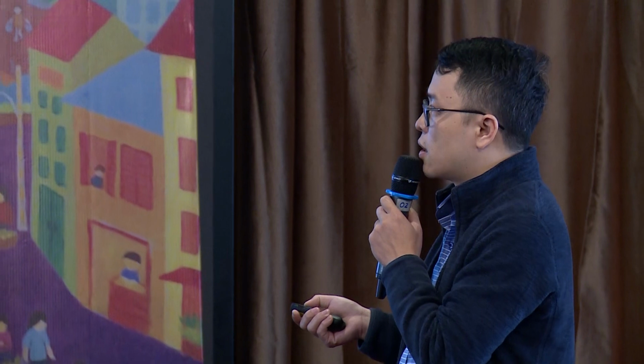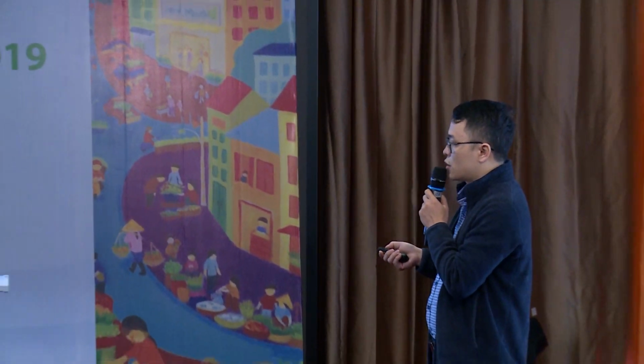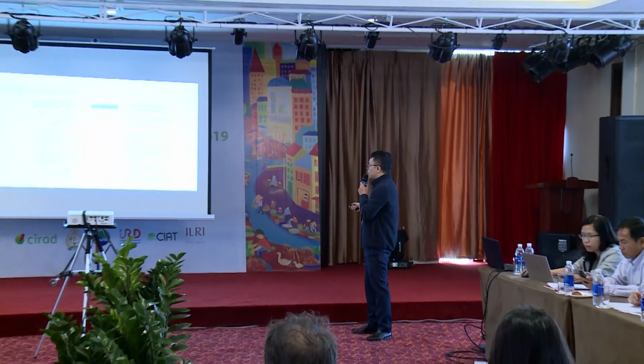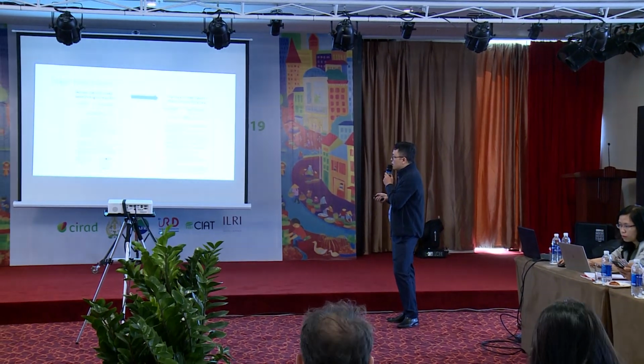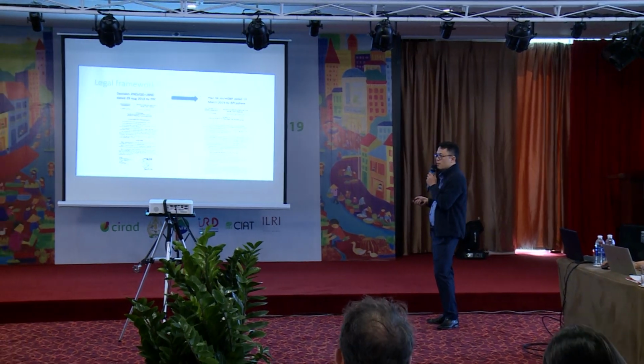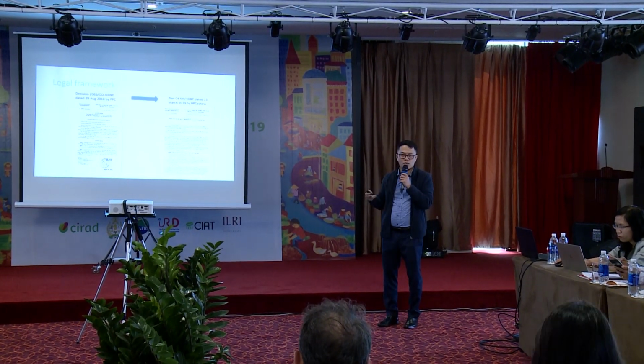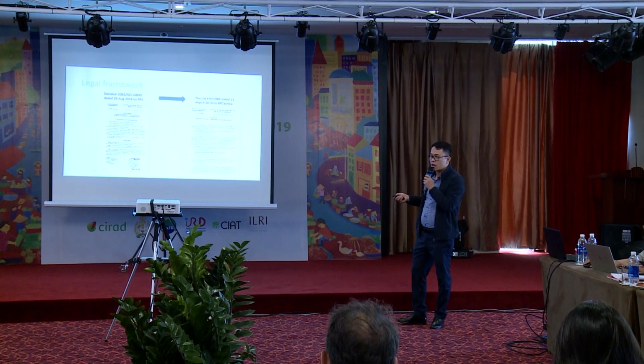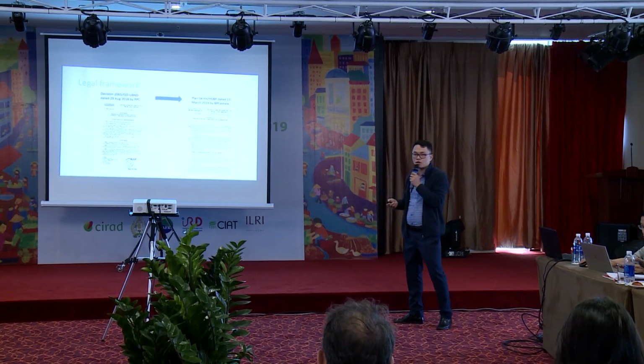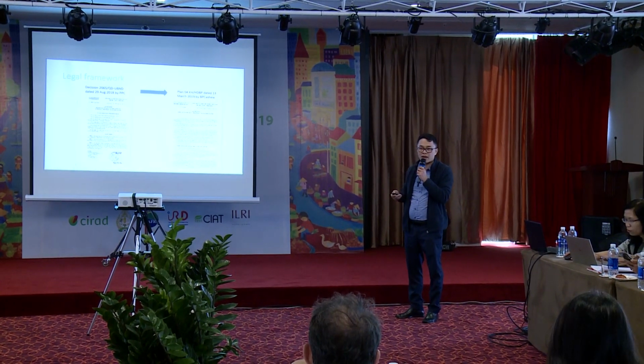To legalize the framework for the control system, the provincial people's committee of Bình Phước issued one decision. You can see on the screen the decision 0265, issued in 2018. In this decision there is an article about the control system, detailing the control system and the control plan.